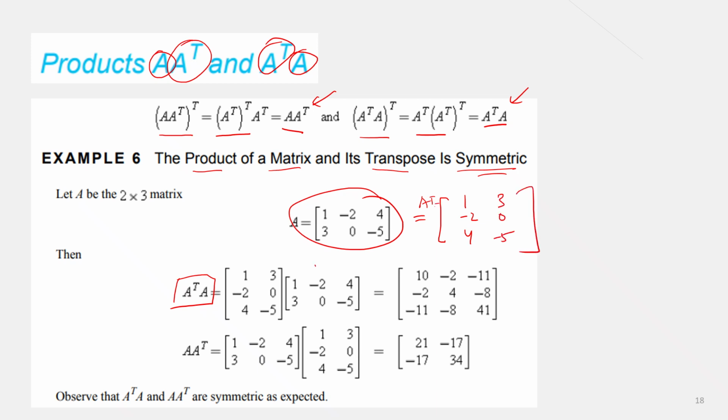Yeah, the transpose A transpose multiplied by A. Then you can see here this matrix is a symmetric matrix. You see, minus 2, minus 2, minus 11, minus 11, minus 8, minus 8, right?